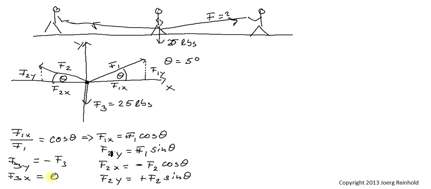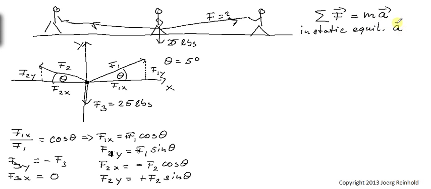Now we can apply Newton's law. We know that the sum over all forces which are acting is the mass times the acceleration. In static equilibrium, the acceleration is 0. So nothing is moving if I'm holding it in place there.